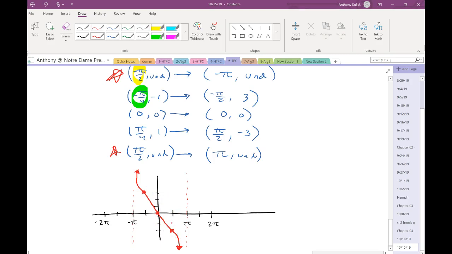Anna? They're the places where the graph is undefined, right? Like these are the points I'm plotting over here. Okay, sure.